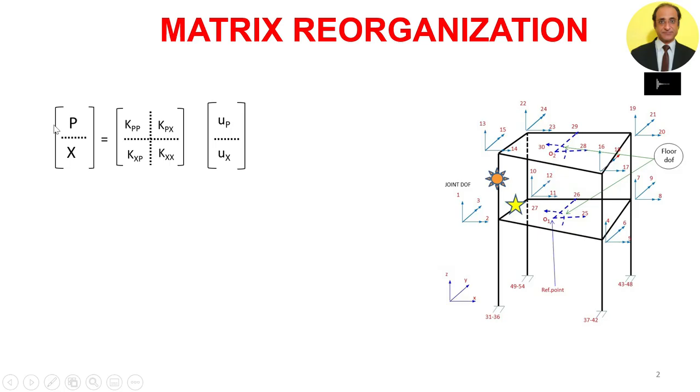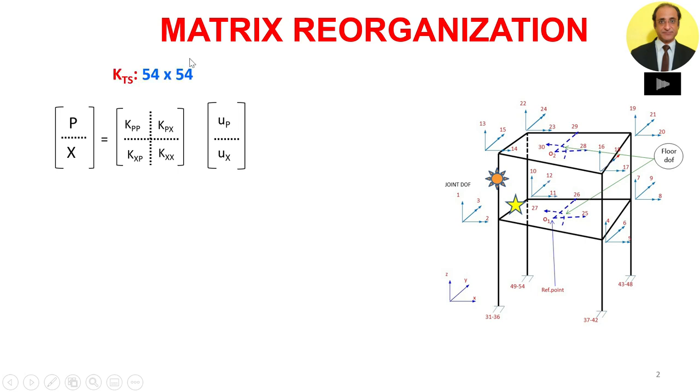P here consists of both the direct joint loads as well as the floor loads. Floor loads are considered at the reference points, and here we have UP and UX. UX are the displacements concerned with the reaction points. They are either 0 or have a fixed value.